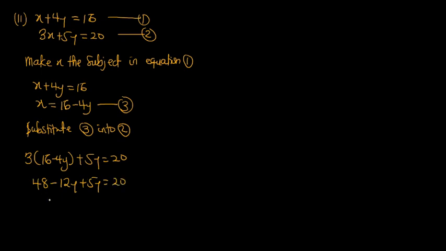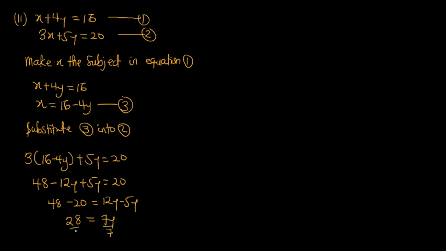So I have over here 48, then I bring the 20 to this side, it becomes minus 20 is equal to, I send the y coordinates to the other side, so it becomes 12y minus 5y. So over here I have 48 minus 20 will give me 28. This is equal to 12y minus 5y will give me 7y.